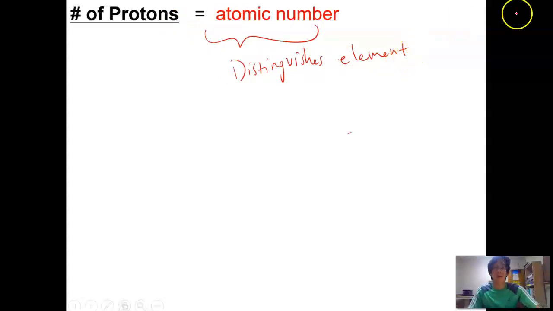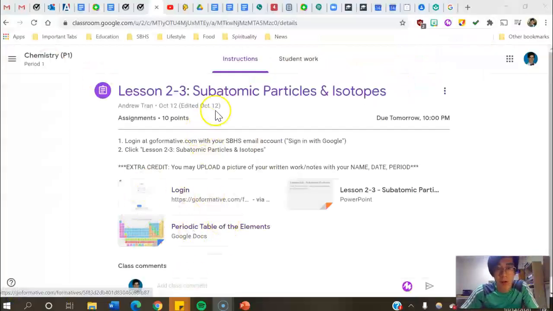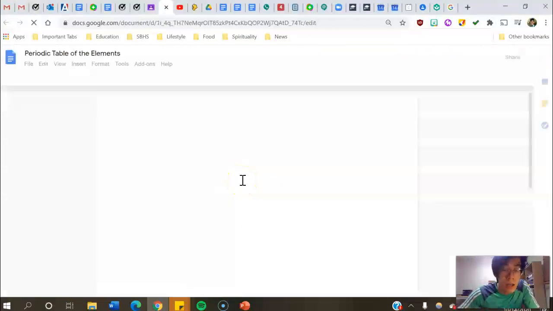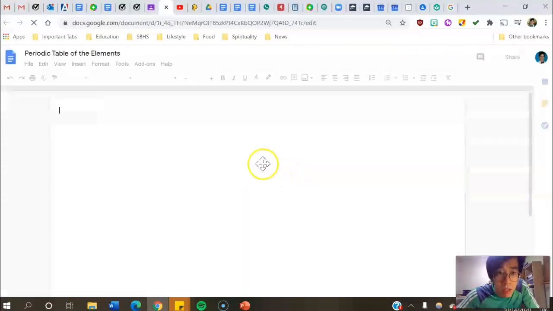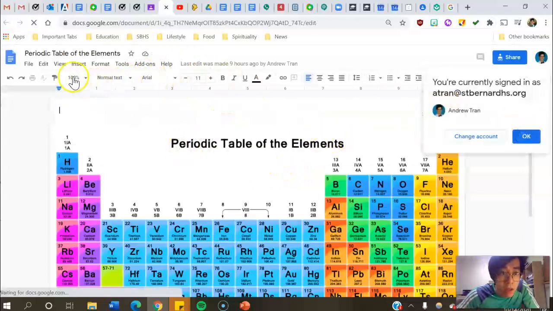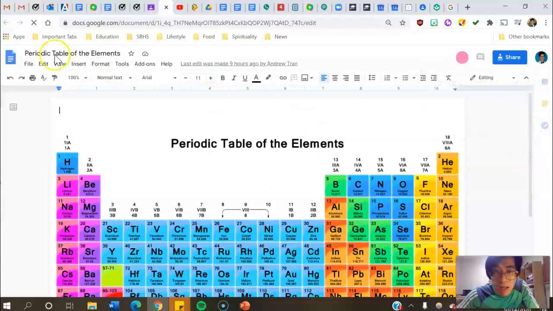If you look at the periodic table, let me show you that real quick. On your Google Classroom assignment, click on the periodic table that is attached. If you look closely, you can see all of the numbers. Every element has a unique atomic number.